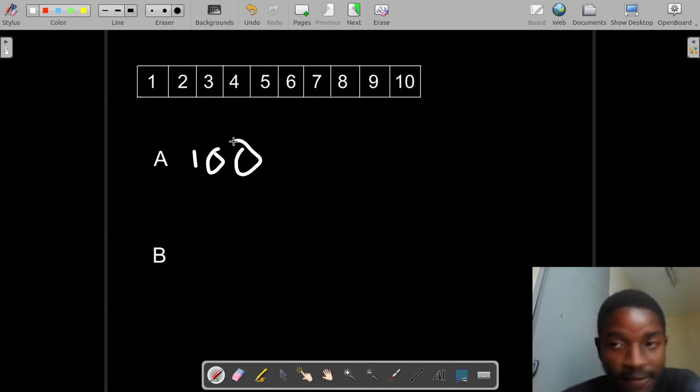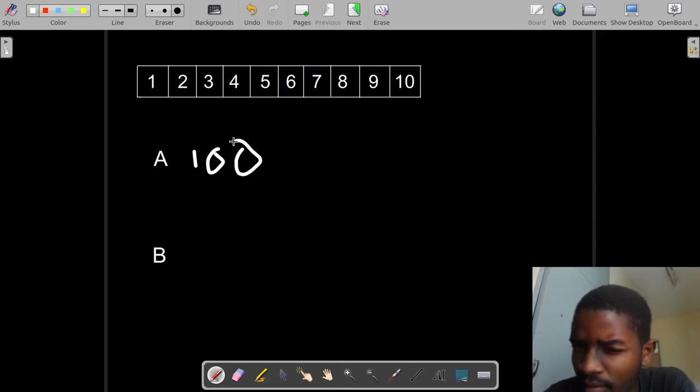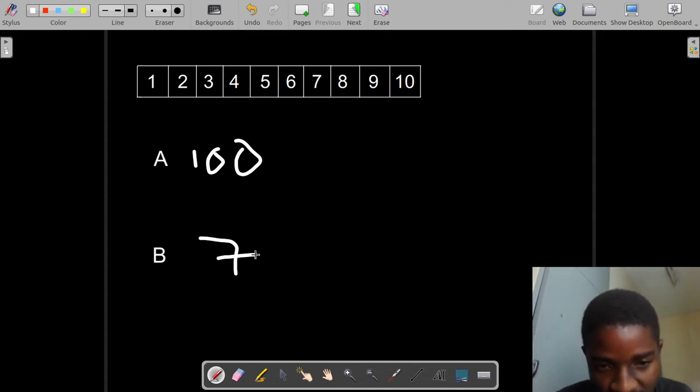So we look at 50, 75, 88, 94, 97, 99, and 100. Again, player B takes 7 tries. From the previous game and this game, player B takes the same number of tries, but player A takes 100.